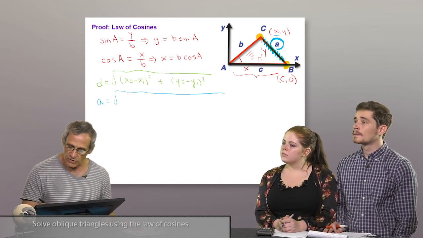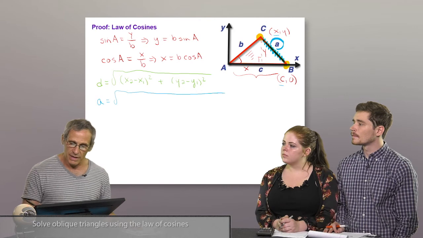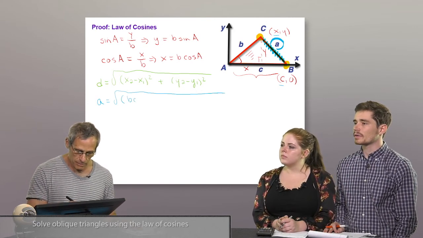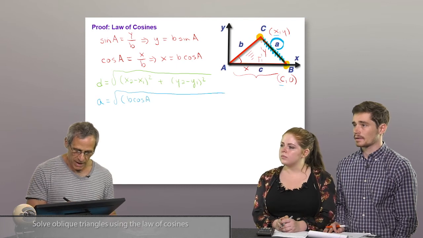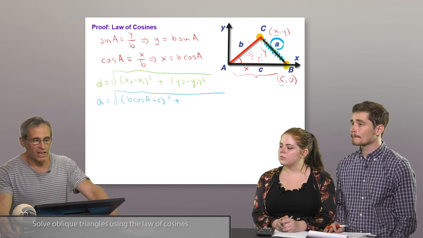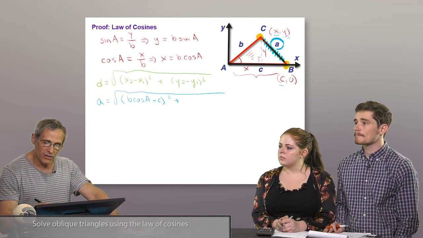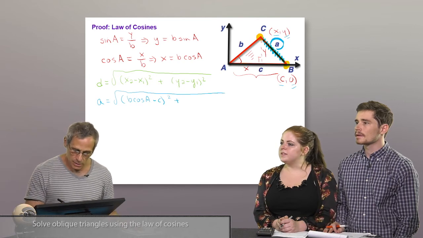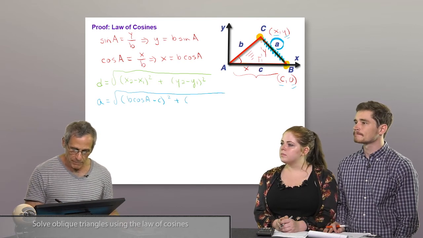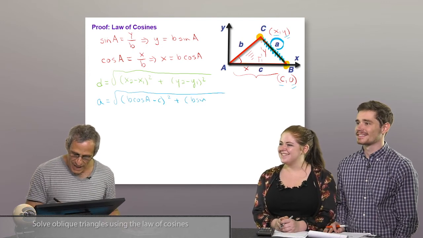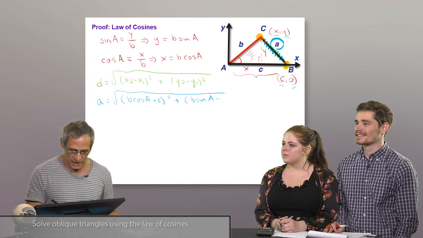So I have x minus c. Now, x we found to be b cosine of A. Minus c, and that's squared. And then I'll take y minus 0. But y we found to be b sine of A. And I'll subtract away 0.